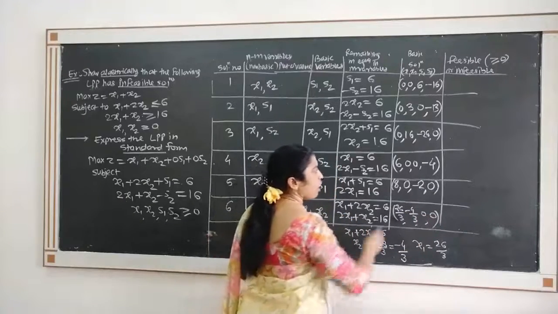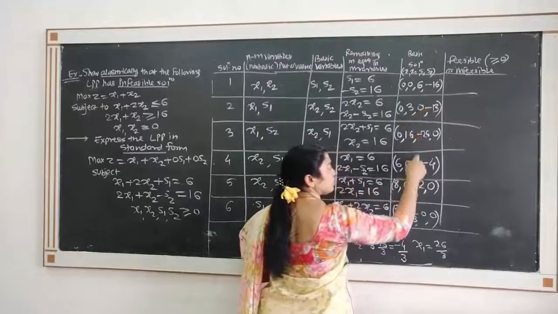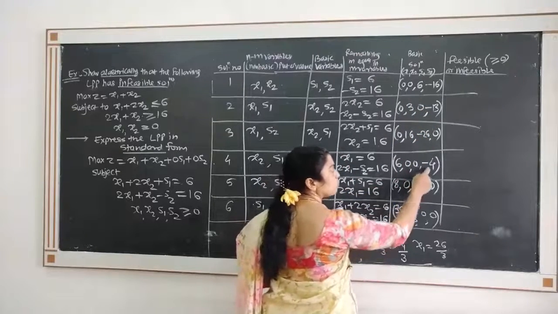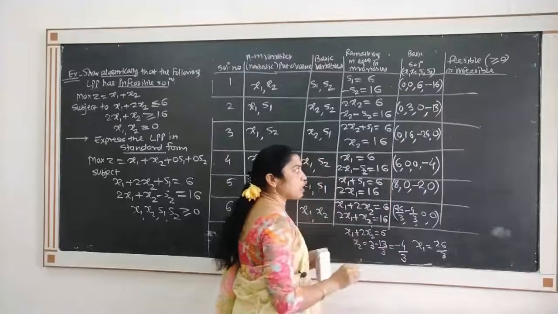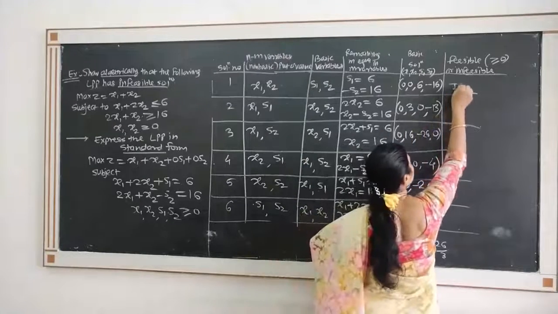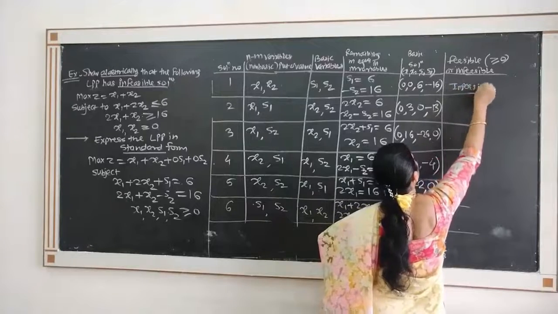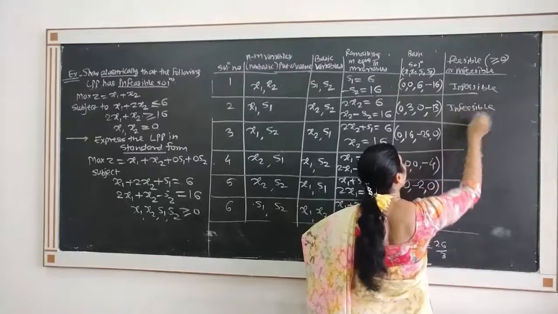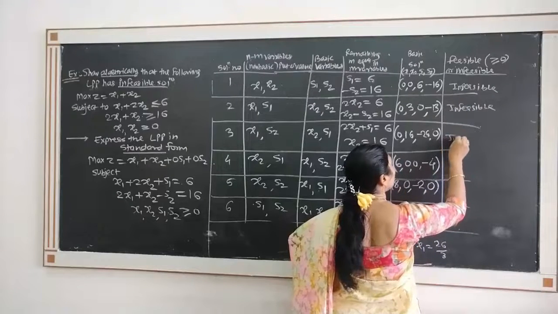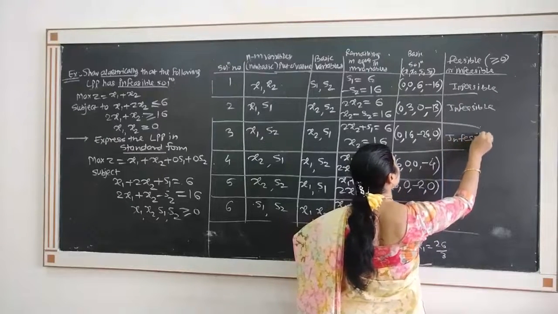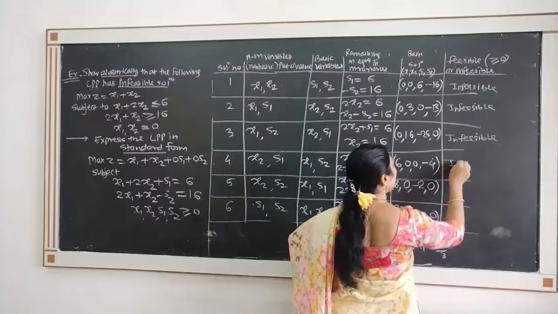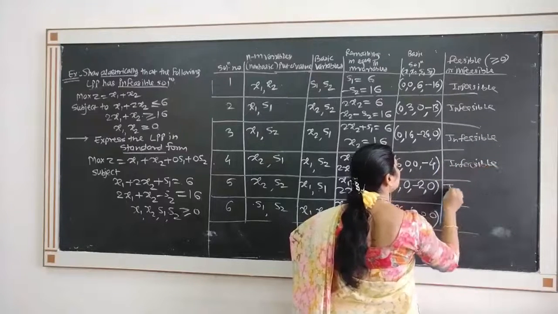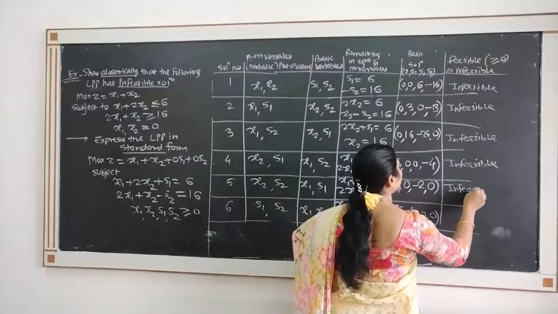Observe that all these basic solutions have negative values, which means that all solutions are infeasible, because for feasibility we require all values of the variables to be greater than or equal to 0. Here at least one value is negative, which implies that all solutions are infeasible.